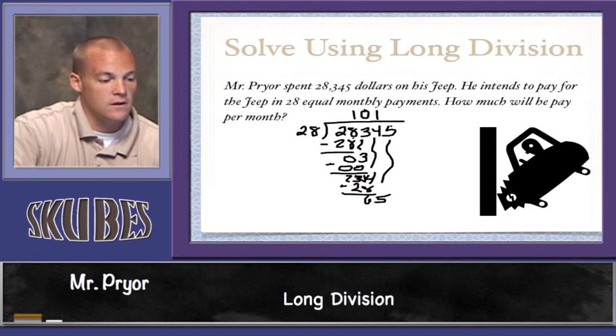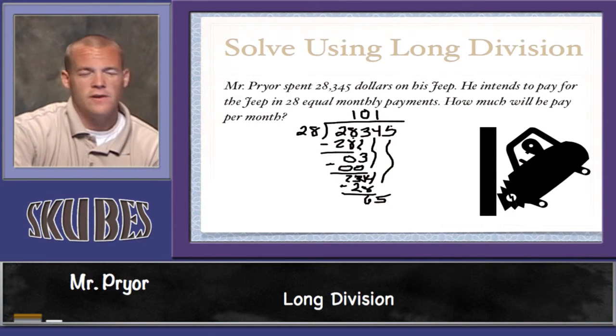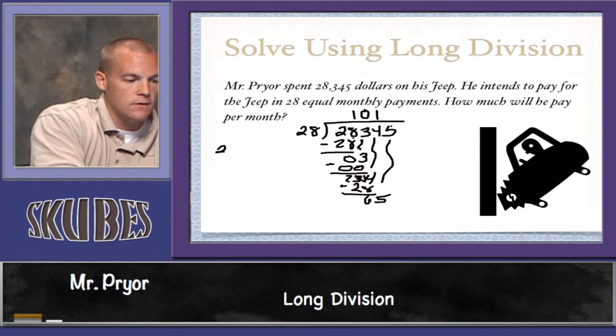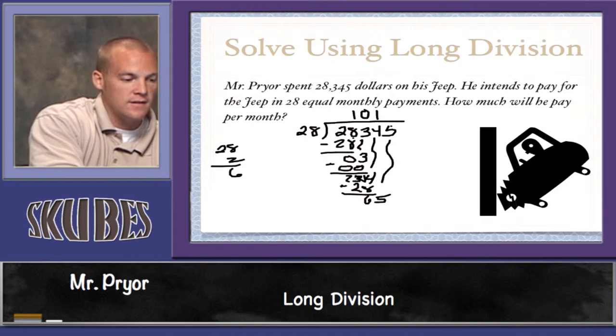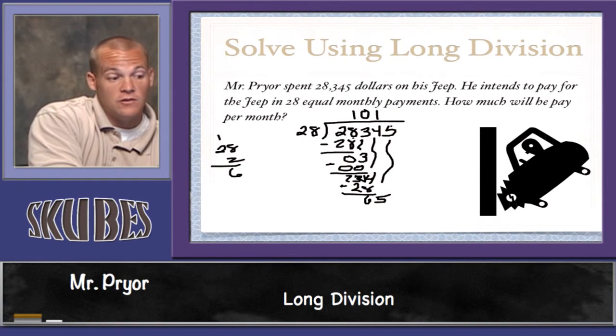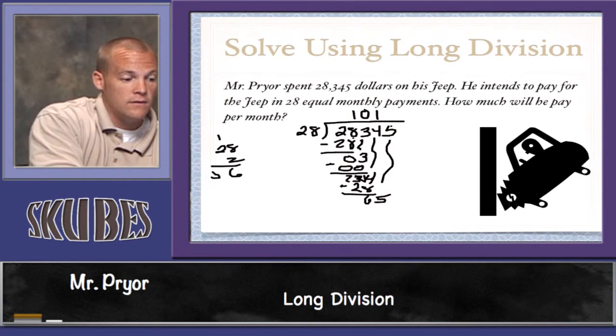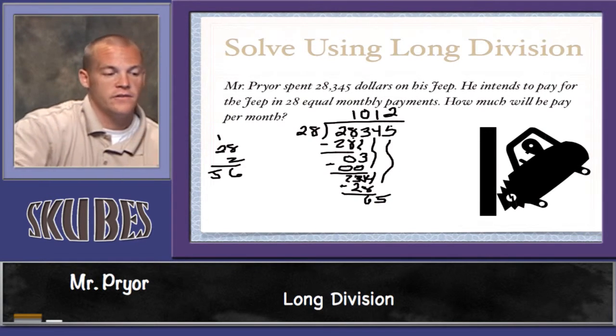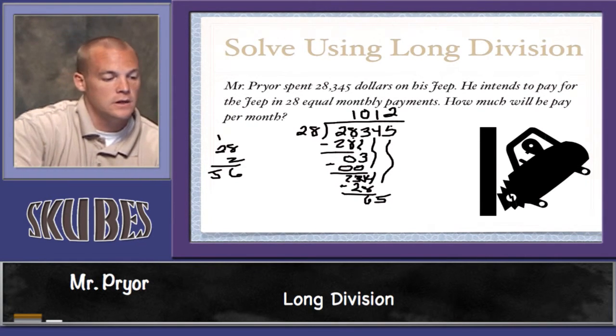How many times does 28 go into 65? Again, if you're not sure what 28's multiples are, go off to the side and multiply. Let's find out what 28 times 2 is. That's going to be 2 times 8 is 16 plus 1, 2 times 2 is 4 plus 1, 56. So it looks like 2 times, because another time would be quite a bit too much.